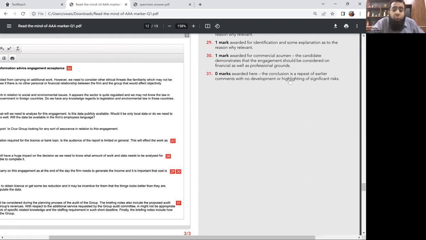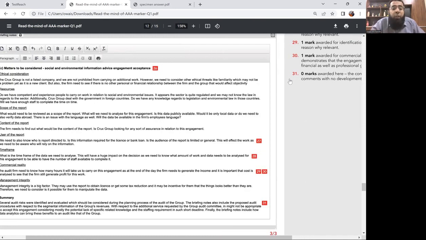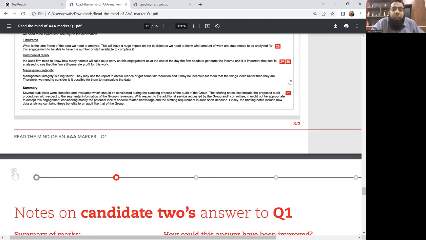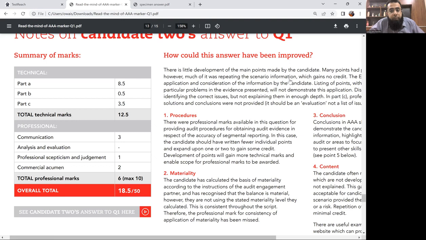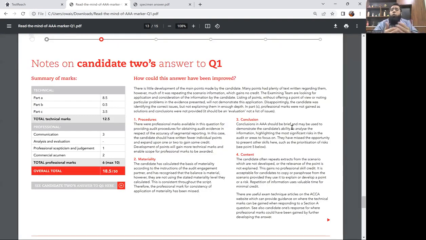So the conclusion was required for prioritization justification, and he has not done that. Now, he only got 3.5 marks in parts. The examiner has also provided comments on how he can improve the answer. We have discussed all of this while we were discussing the answer.